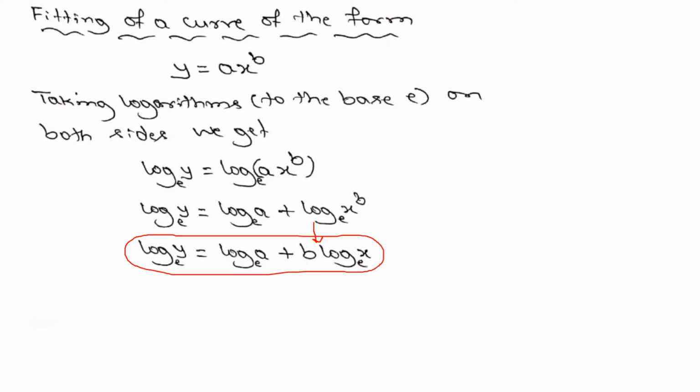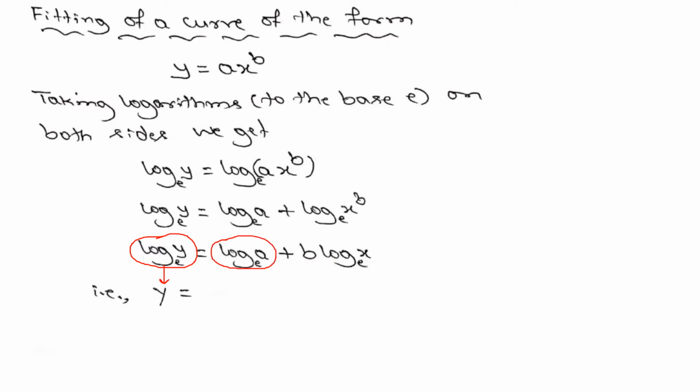It is of the form Y is equal to A plus b X. Let us take log small y to the base e as capital Y and log a to the base e as capital A, and b as it is, small b as it is, and we take log x to the base e as capital X. Now you can see this is clearly a linear equation for which we have the normal equations.